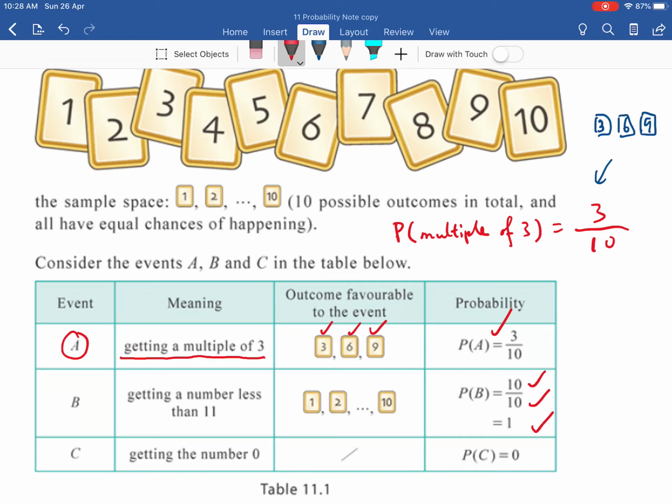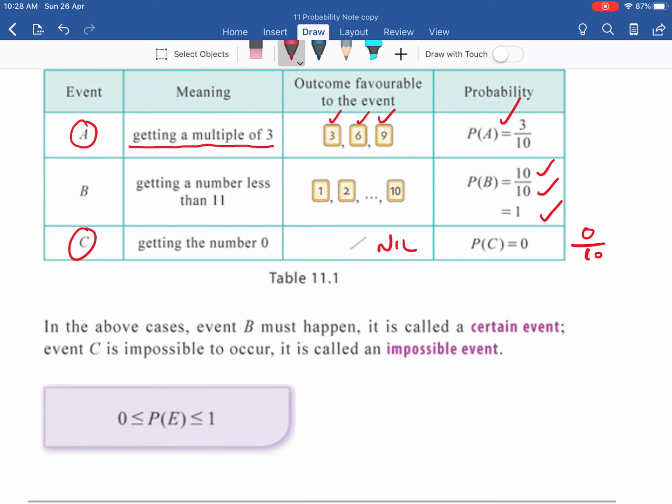Therefore, the probability of getting a number less than 11 is 1. And C, getting the number 0. You see that there is no number 0. So the outcome favorable to the event is nothing. So the probability, I write, is 0/10, which is 0.